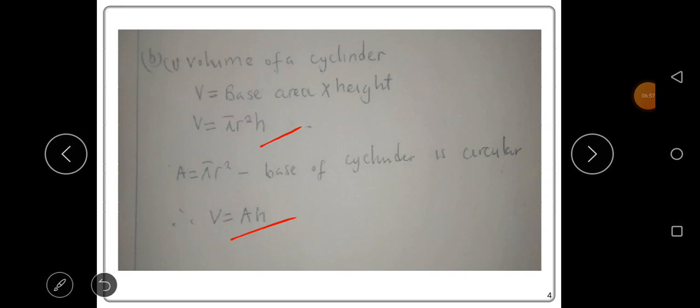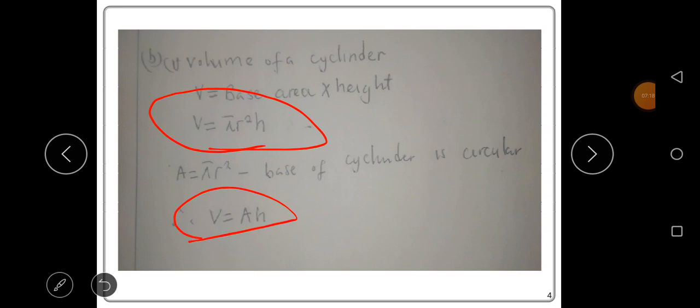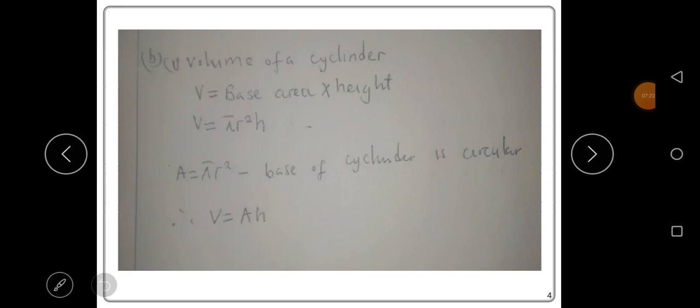So we can say that since this pi r squared h is representing area and we already have the height, this equation can be written in the form of this. So we have shown. So mainly it's the issue of base area.